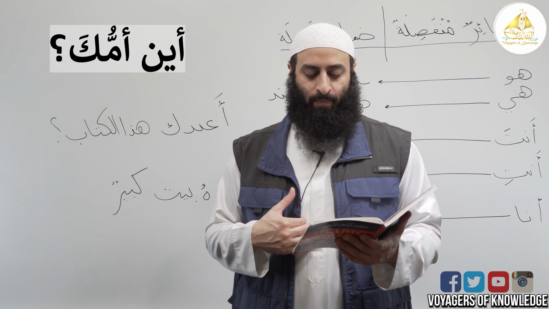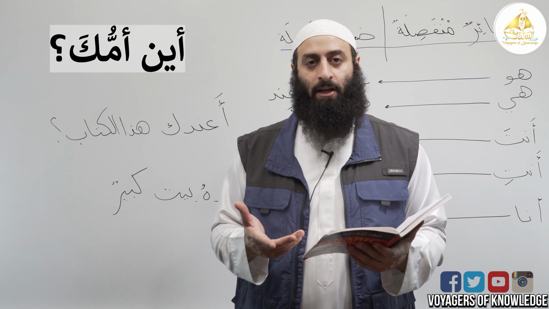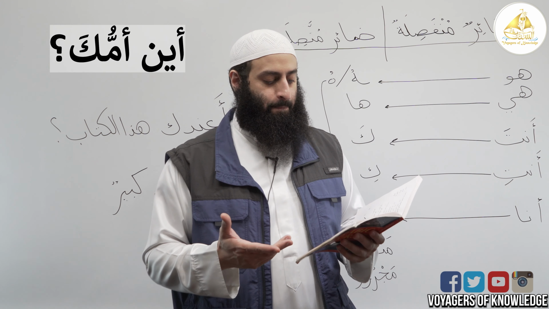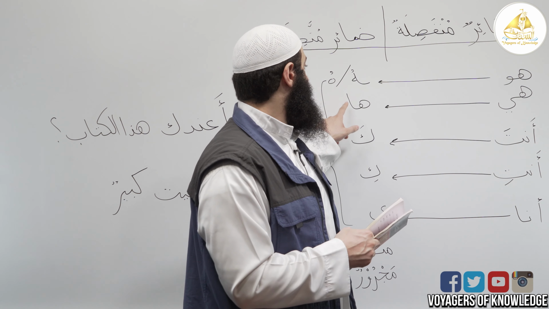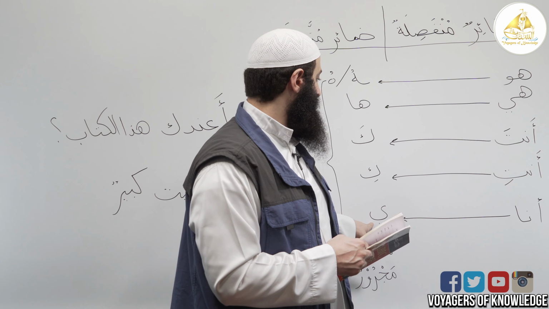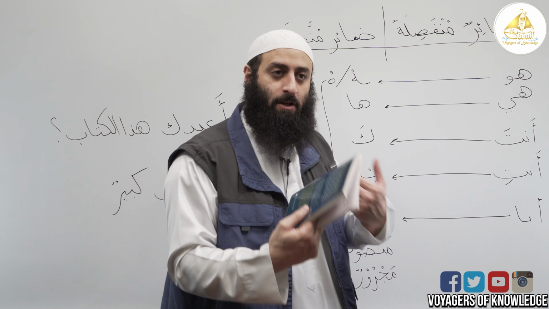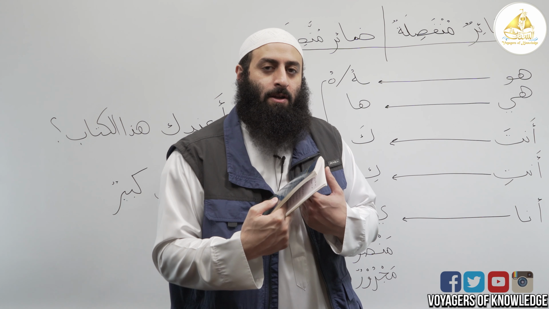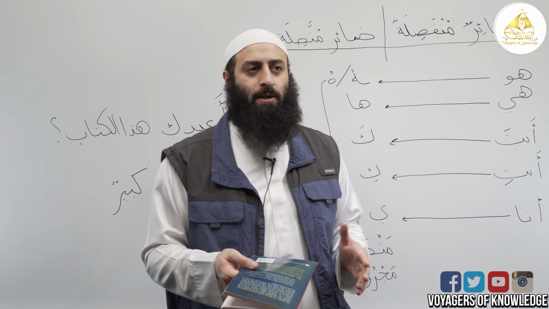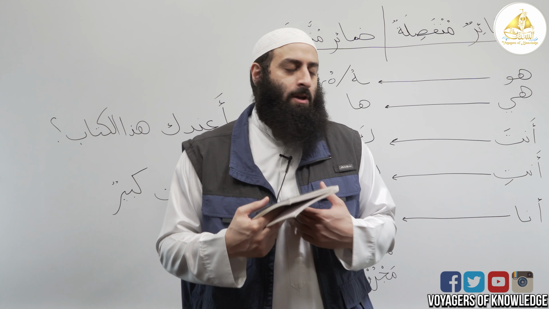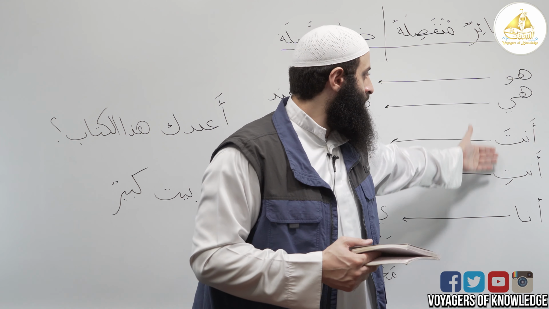Alright? And then now, do you answer by saying, you say ummi, my mother. If they're talking to you, you say aina ummuka, you say ummi, say my mother. Or you could skip it and not say ummi, and you would just get straight to hiya.